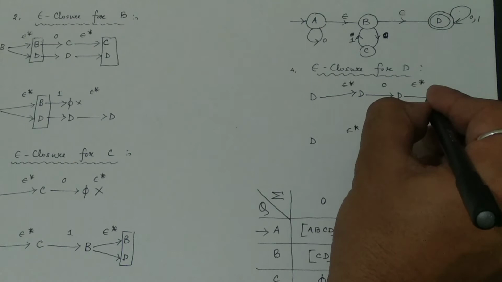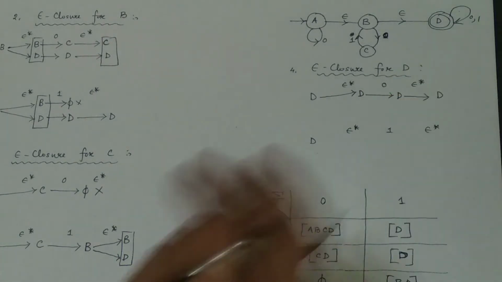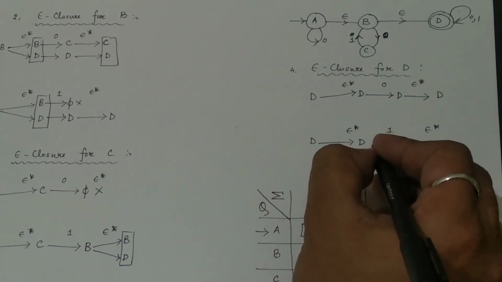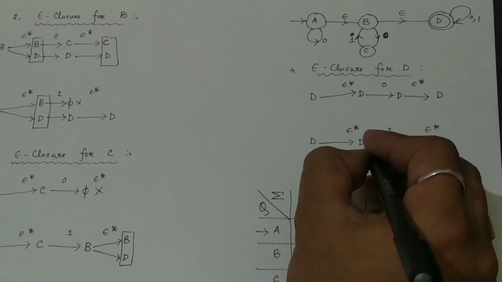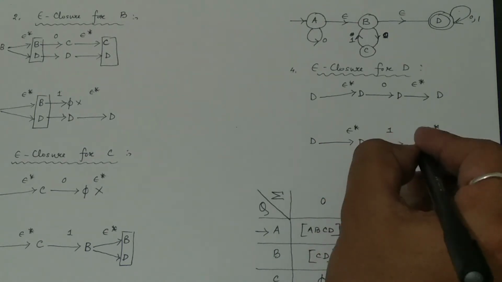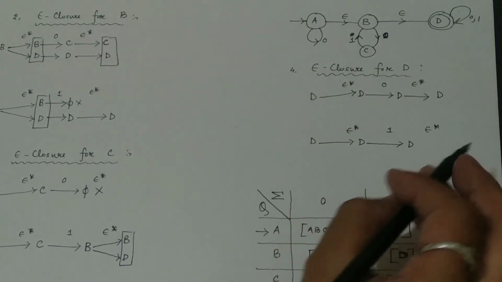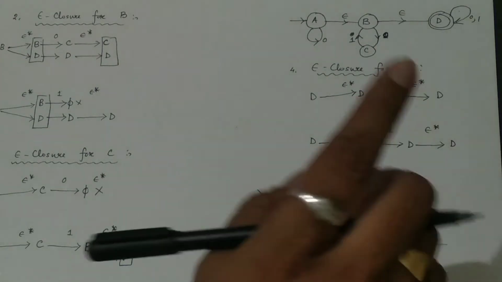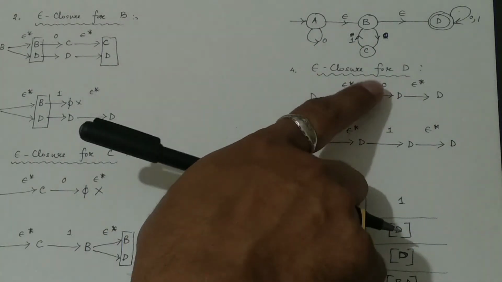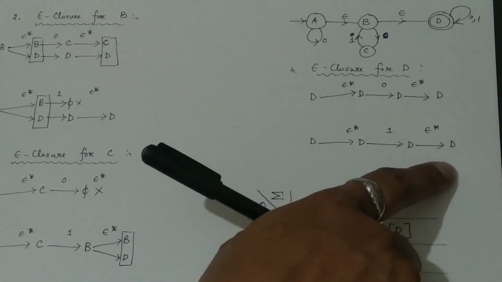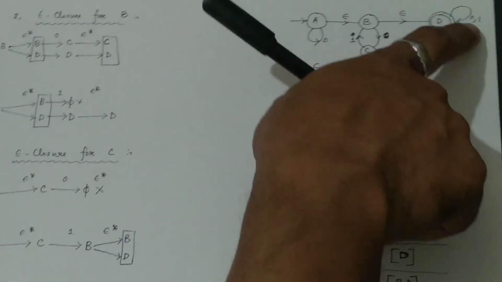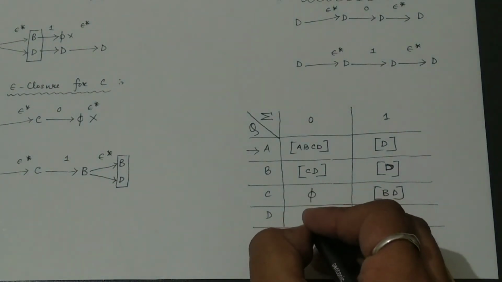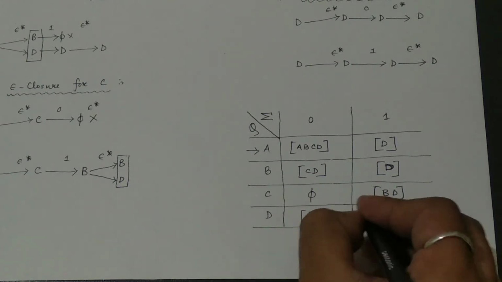D on 1 goes to itself, as you can see in the diagram. So finally, the epsilon closure for D over 0 and 1 will always be D. D has a self loop, so definitely it will be D only.